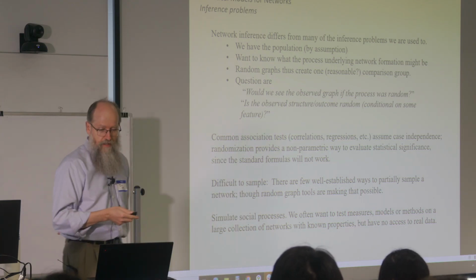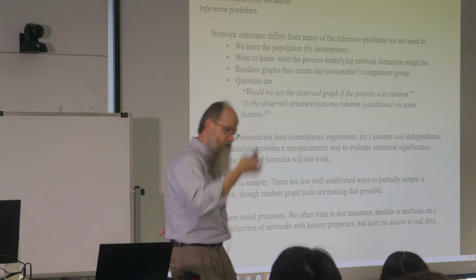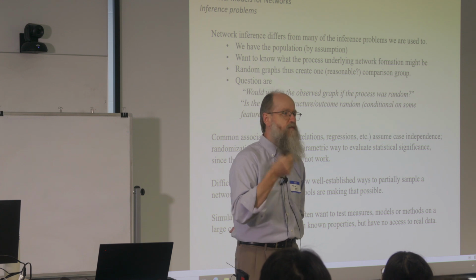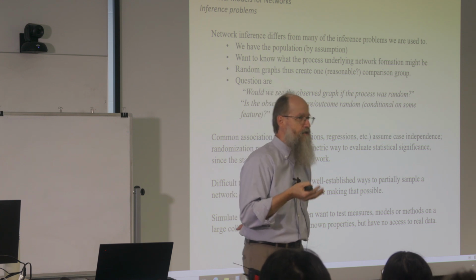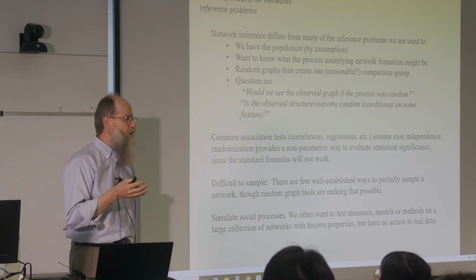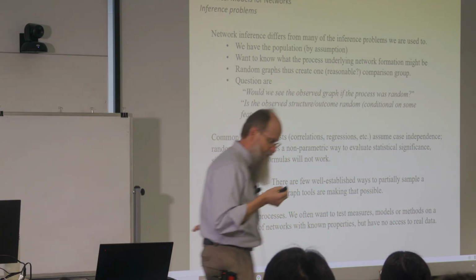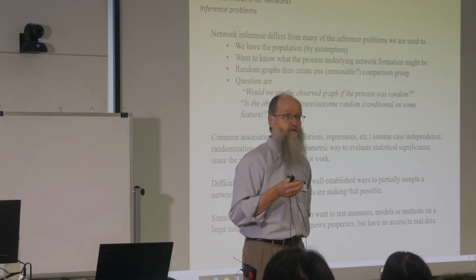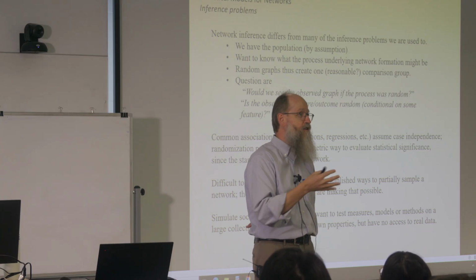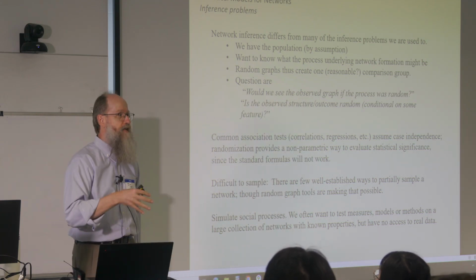Common association tests like correlations, regression, and so on assume independence, and so if we think about the attribute branch of the graph space, we've violated some of the tests we typically rely on as our decision rubrics for importance. I actually think that's a good thing for us because we tend to rely on those rubrics too much. So the fact that we can safely say those rubrics don't really apply here, so P equals 0.05 is probably not ever going to be exactly right in the world you deal with anyway, but it's certainly not right when our cases are not independent.